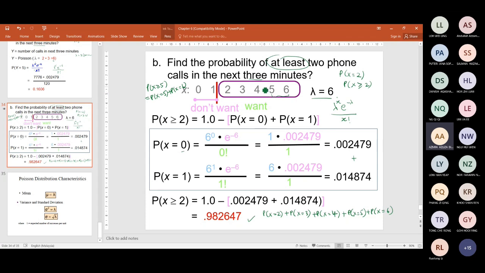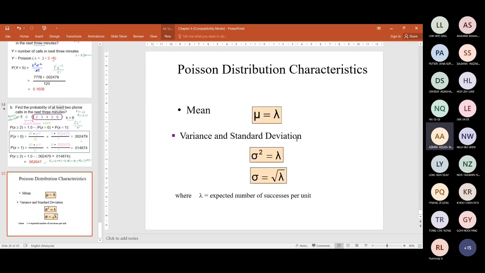So if only these 2, then it's better to calculate them 1 by 1 like this instead of 1 minus the rest, because it's more work to do if you minus all the others. So it depends on the question. You have to look at the values. That's why it's better for you to write or draw something like this so you can see what values you want.